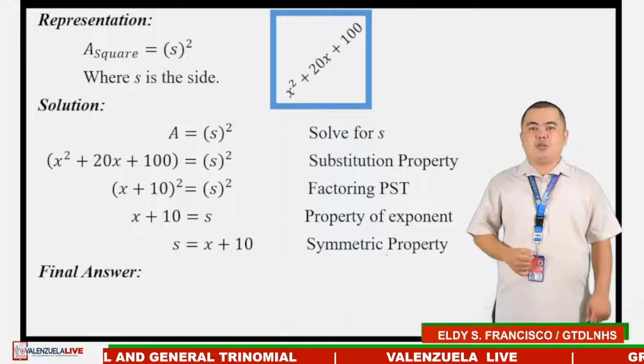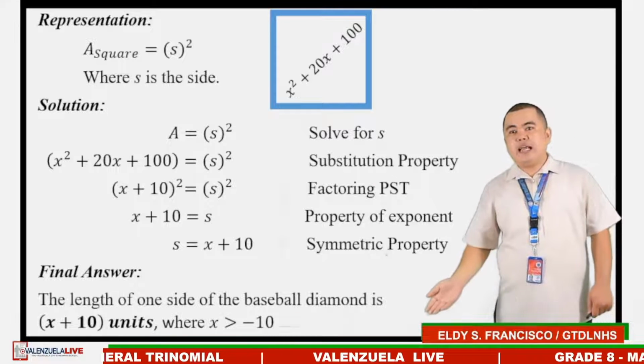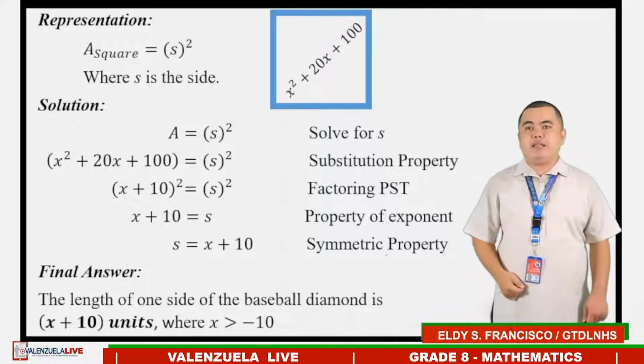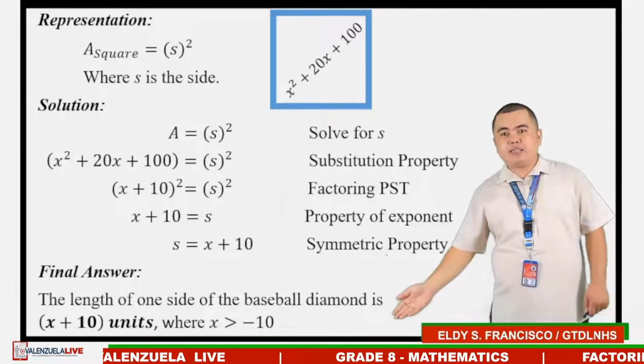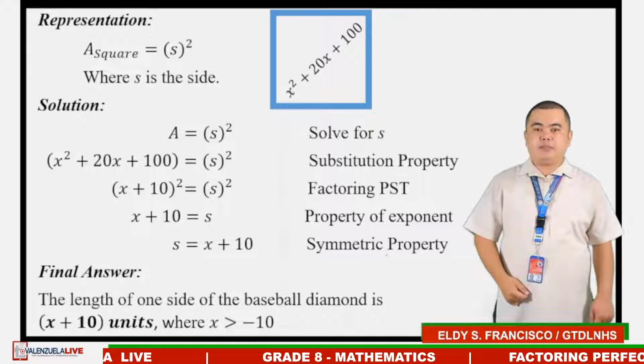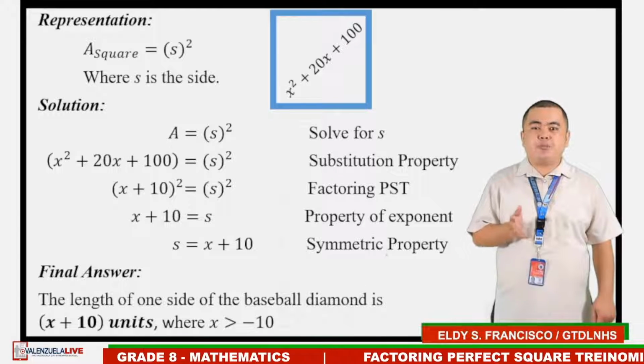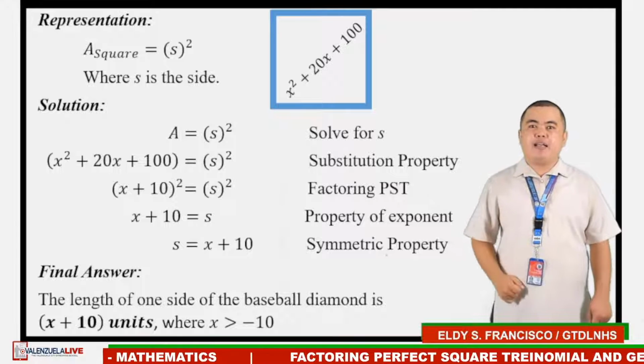For the final answer, the length of one side of the baseball diamond is x plus 10 units, where x is greater than negative 10, because we are pertaining to length, which measure should be greater than 0.